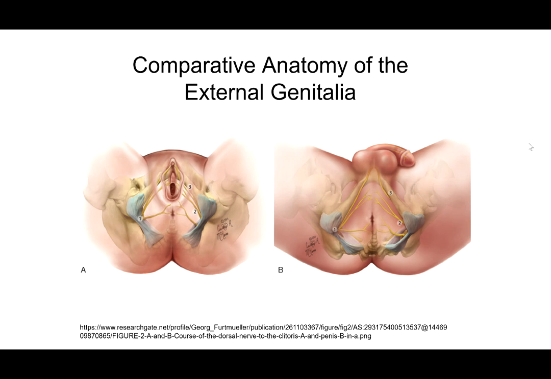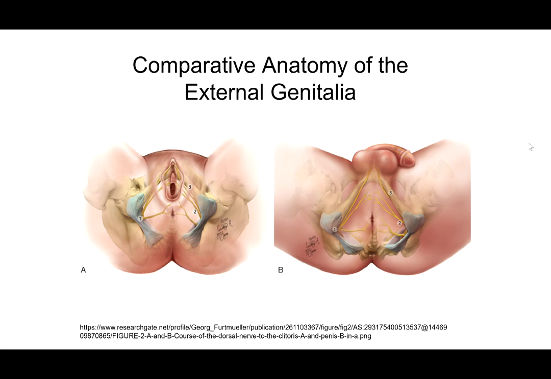So one of the other things to notice that's different is that that distance between the anus and the urethra is different in males and females, and so that distance increases during male development, in contrast to the female anatomical arrangement there.